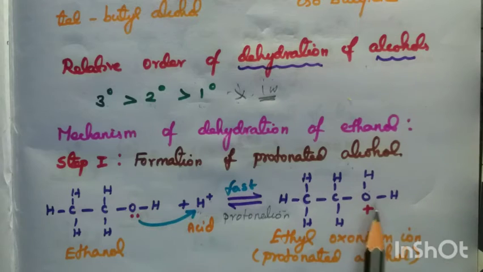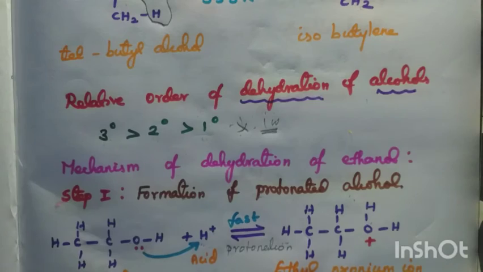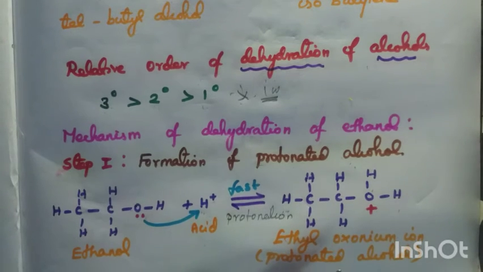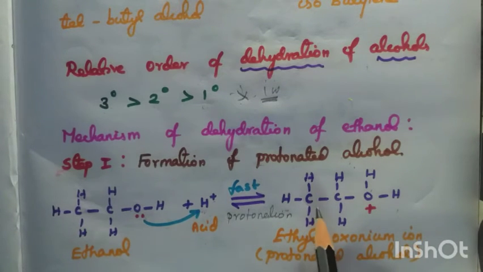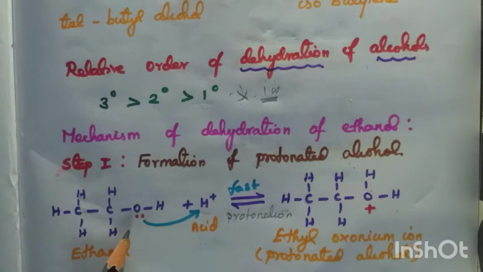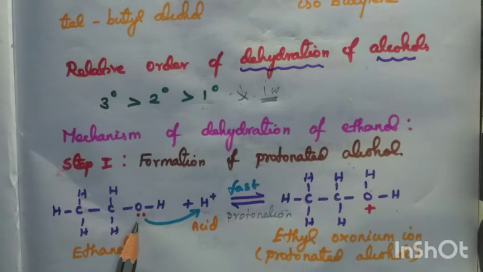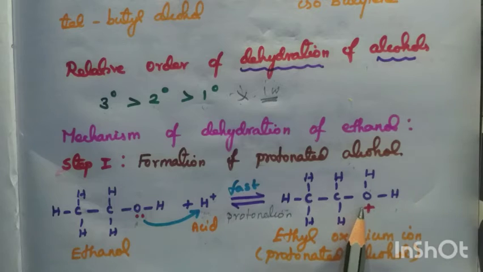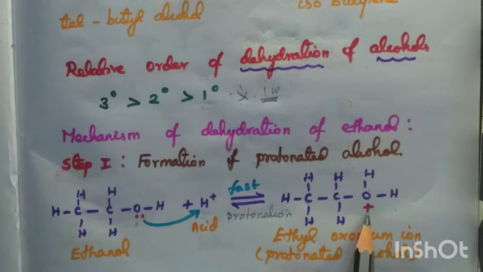So it is the formation of protonation, that is addition of a proton. A proton is nothing but H plus. It has a tendency to form a bond with oxygen. Oxygen already has a lone pair of electrons. This lone pair is donated to H plus and forms a bond with oxygen. So oxygen loses its lone pair, no? So it carries which sign? Plus sign. Deficient means plus.